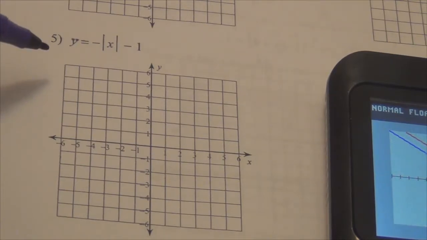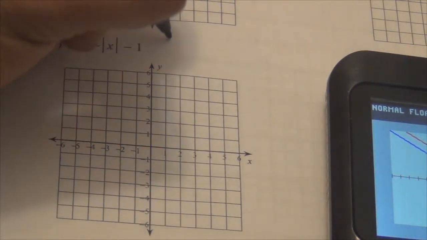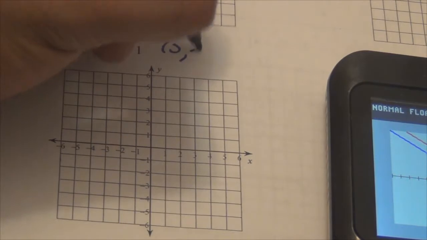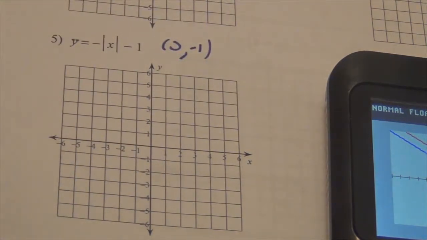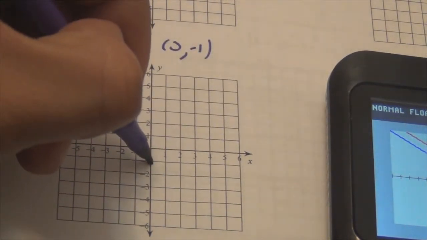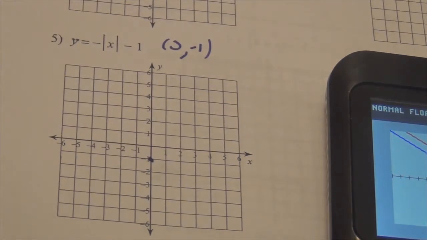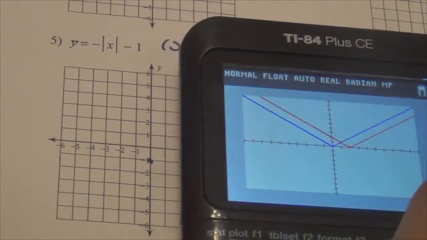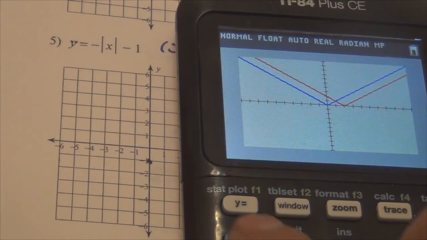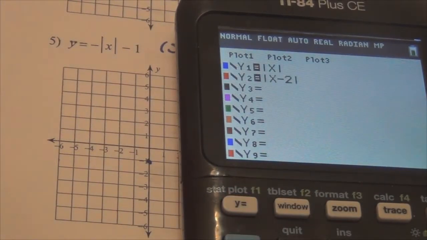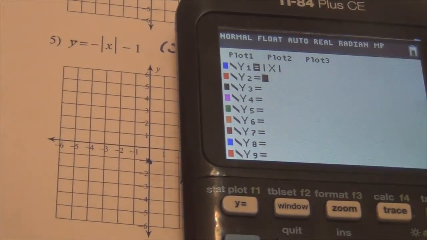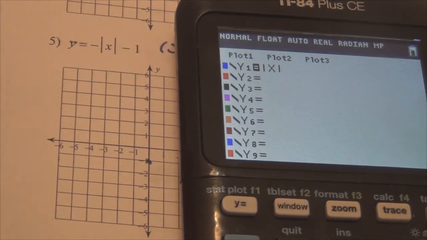So my vertex here would be at 0, -1. Okay, so 0, -1. And if you don't believe me, don't worry about it. That's why we have the calculator. So we are going to clear this function, leave the parent function so you can understand how it's changing.